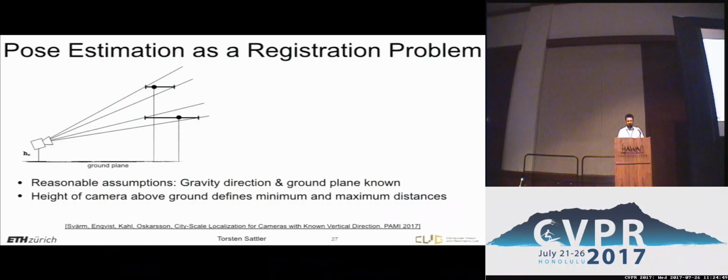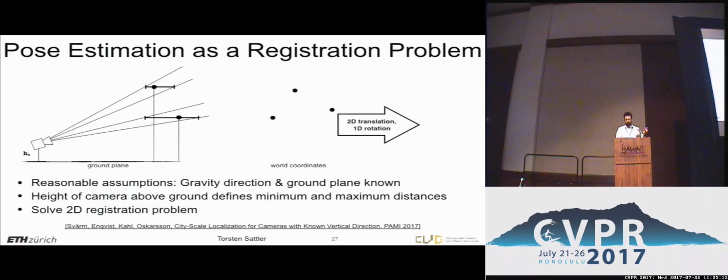And since you know gravity, and since you know the ground plane and you know the height, you only have to solve a 2D registration problem where you estimate one rotation around gravity and a 2D translation in a plane parallel to the ground. So you can actually model this as a 2D registration problem where you try to find a mapping from world coordinates into local camera coordinates so that each point is mapped into this slice through the viewing cone. So you try to find this transformation.